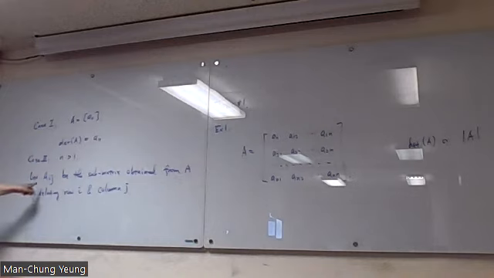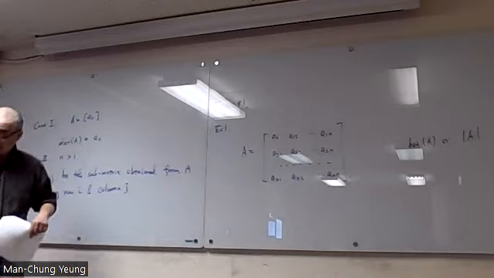I let Aij denote that submatrix. This is our first notation.